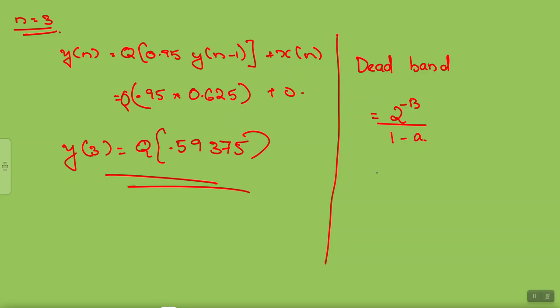Here we are taking 5 bits to represent the product, so 2 raised to minus 5 divided by 1 minus a, where a will be 0.95.